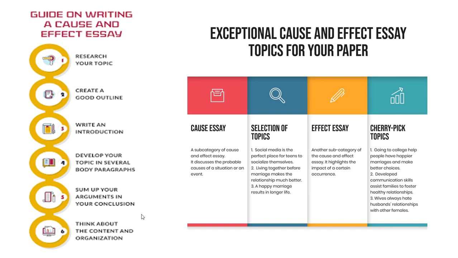That means it is like a publication approach, an exceptional cause and effect essay topic for any paper. A cause essay means selection of the topics, research on your topic, and an effect essay depends on how many subcategories of the cause and effect essays there are; it highlights the impact of a certain occurrence.